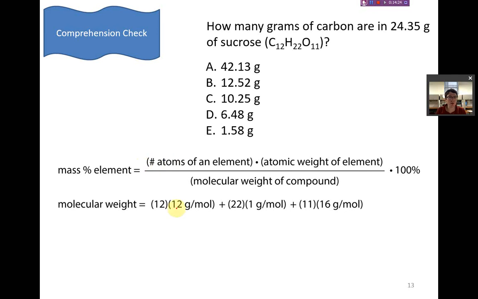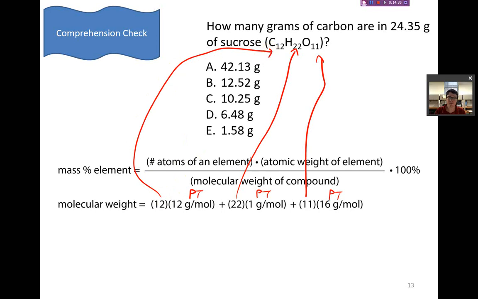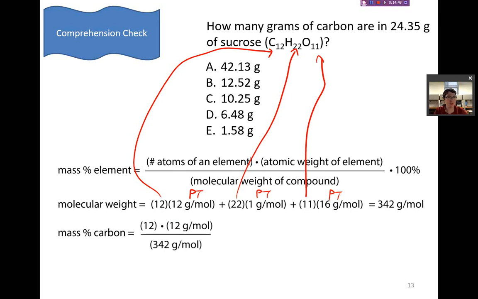And again, these numbers come from the periodic table, and these numbers are based on the subscripts within the compound. That gets us a total mass of 342 grams per mole. To find the mass percent of carbon, we'll take the contribution of carbon divided by the total mass times 100%. And that gets us a mass percent of 42.11% of carbon.